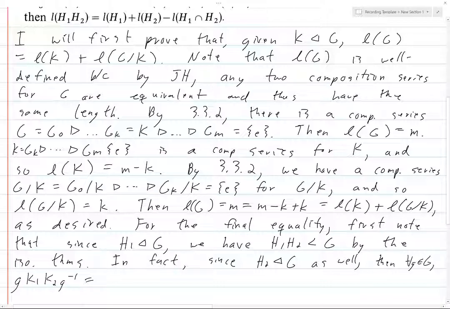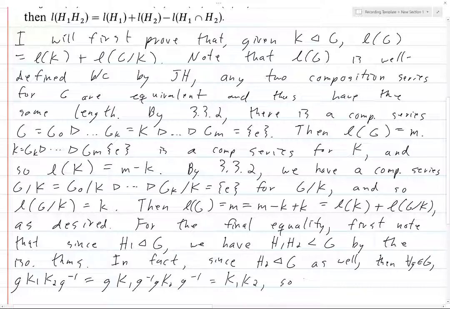So this is obviously g K1 g inverse, g K2 g inverse. But by normality, we bring the K1 and K2 all the way over to the right, and the stuff that's left over is g inverse g, which is just 1. So this is just K1 K2.